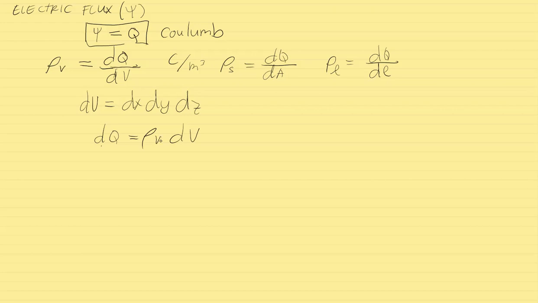To solve for Q, we need to integrate both sides, so Q is the integral of rho v dV, a volume integral. This is also equal to the total electric flux.